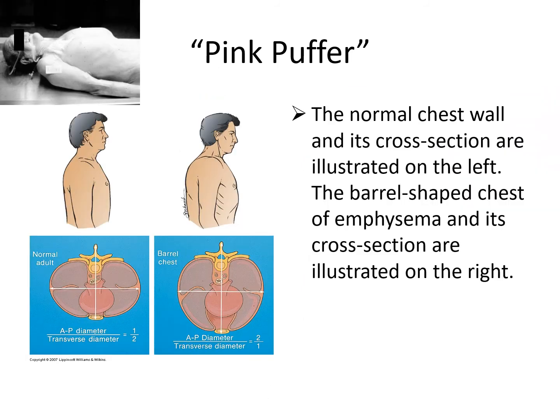So let's look a little further into this chest wall abnormality. We'll go to the normal patient over here. What we're going to do is look at the AP, anterior to posterior diameter, versus our transverse diameter. Most of us, if we're normal chested, will have an AP diameter of 1 to 2 of the transverse, so 1 to 2.